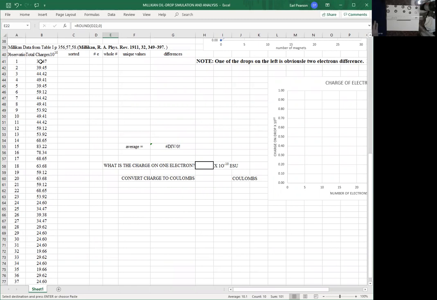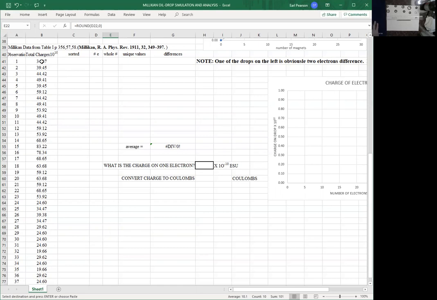And the charges are listed in ESU units, but in order not to carry that multiplier, this first value was 34.47 times 10 to the negative 10th ESUs. So what he did is he multiplied every one of his values by 10 to the 10th and just reported that.